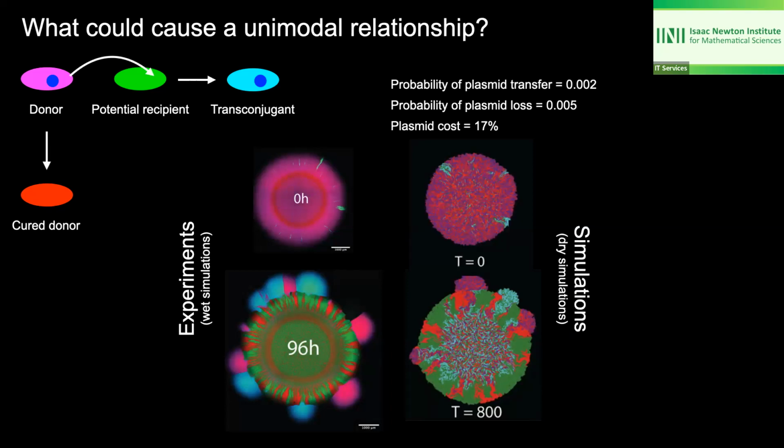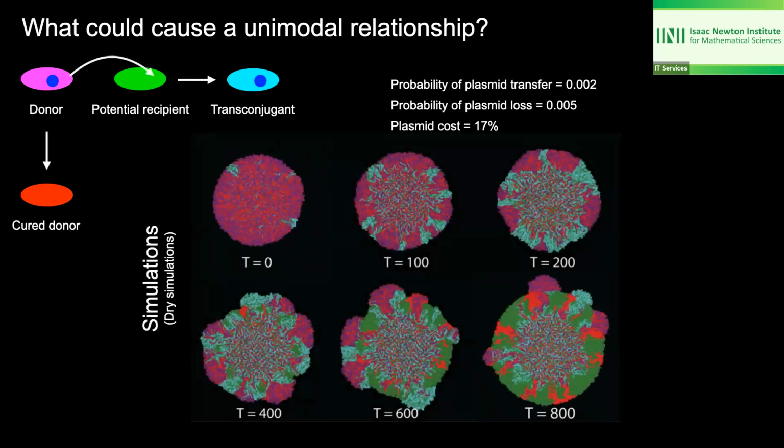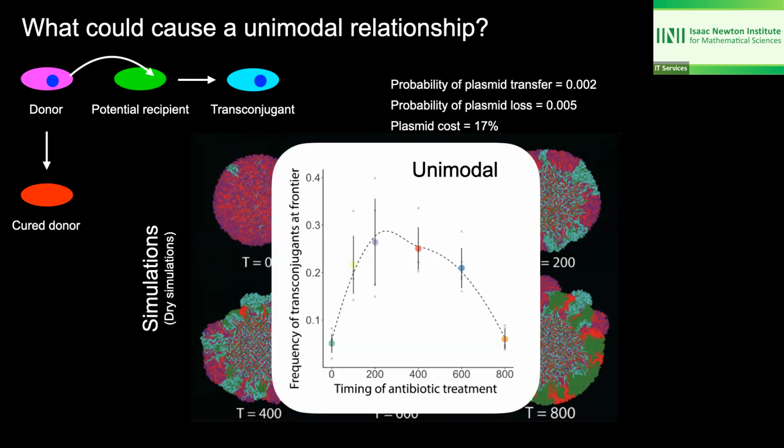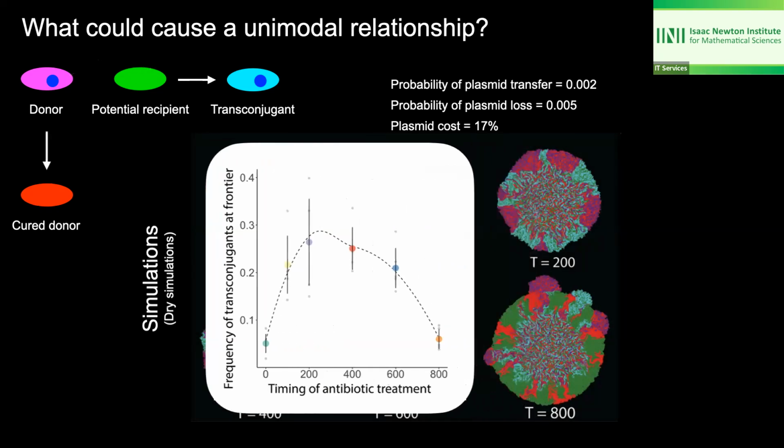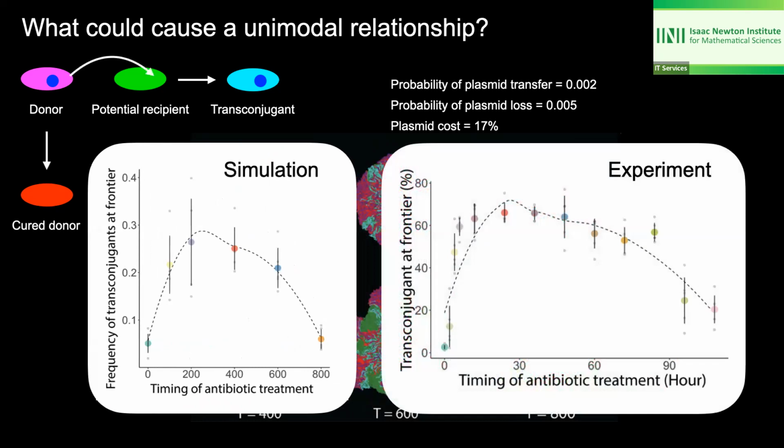At time equals 0, our simulations do indeed show that it's dominated by the donor, and at very late times, you only get small patches of the donor persisting. But the cool thing is that, as we saw experimentally, with our dry simulations we also get this unimodal behavior in the amount of the transconjugant, where it seems to peak at intermediate antibiotic administration times. So that's from our simulations. We get this nice unimodal relationship similar to our experiments.